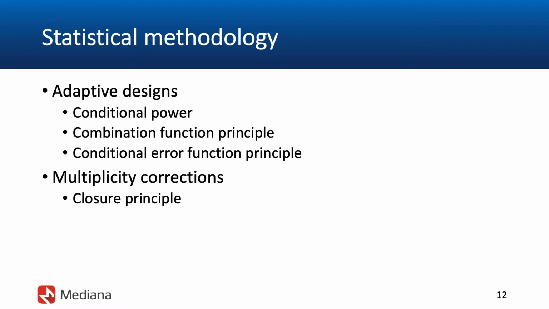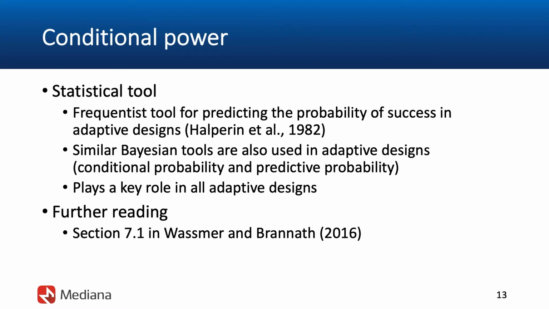In addition, in certain types of adaptive designs, such as adaptive designs that support data-driven treatment and population selection, we will have to account for multiplicity induced by multiple hypotheses to be tested in a trial, and to construct reliable multiplicity corrections or adjustments, we will need to rely on the so-called closure principle. We will begin with conditional power. And to set a general foundation for adaptive designs, it is very helpful to begin with conditional power.